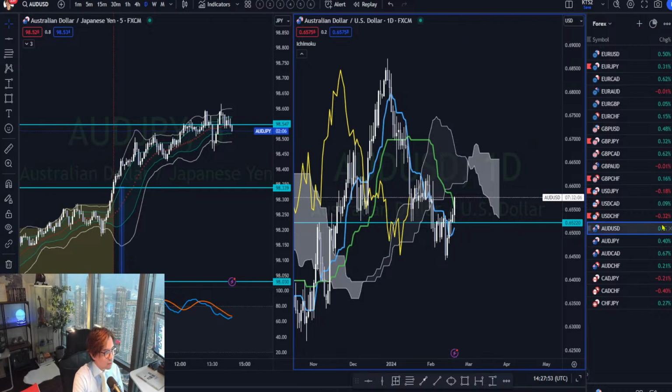If the market did not break 0.6522 and goes bearish, then AUDUSD will be one of the best pairs to trade because this is the neckline of the head and shoulders, and the neckline turns to be the resistance. And this is one of the nice patterns to trade, to continue bearish.